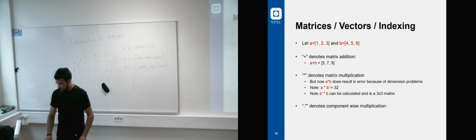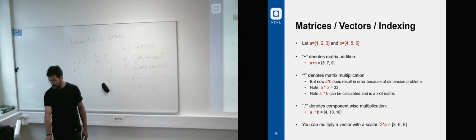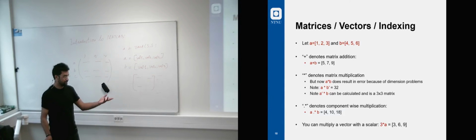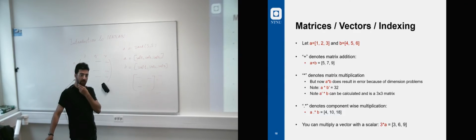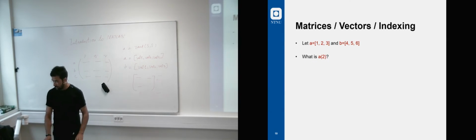You can see them later. Then this is the scalar quantity. If you have a matrix, say A, you can multiply every element of the matrix with the number you want, simply by writing the name of the matrix and the value you want to multiply or subtract. It's quite simple.